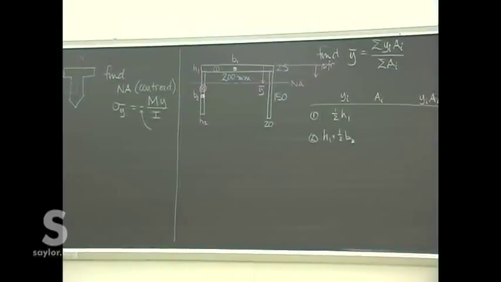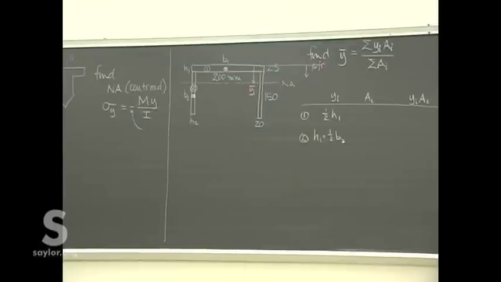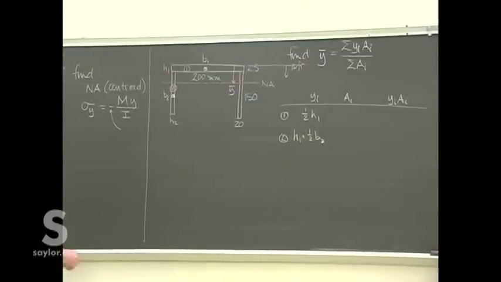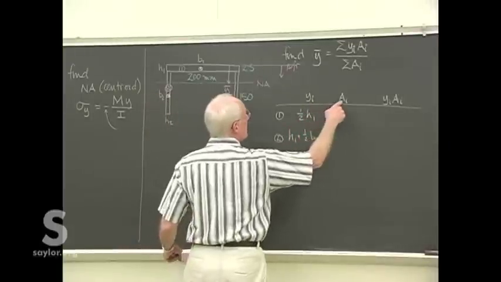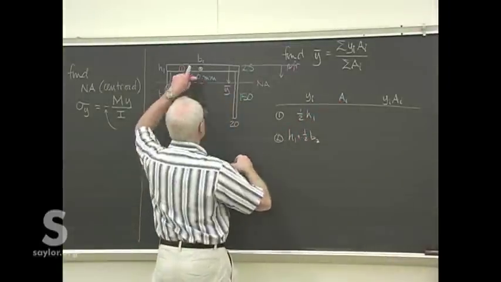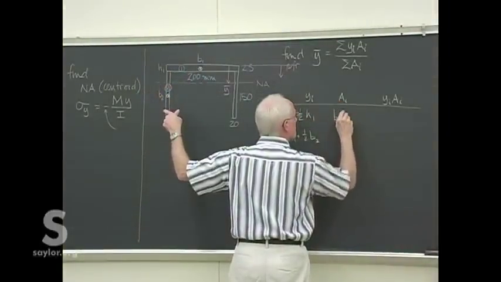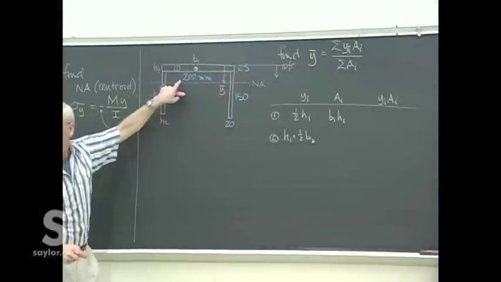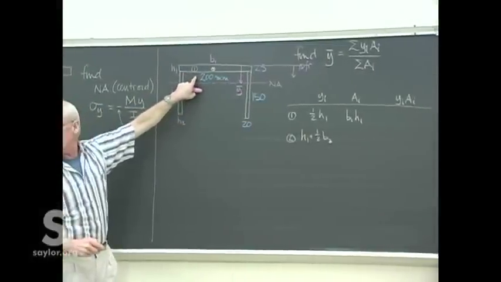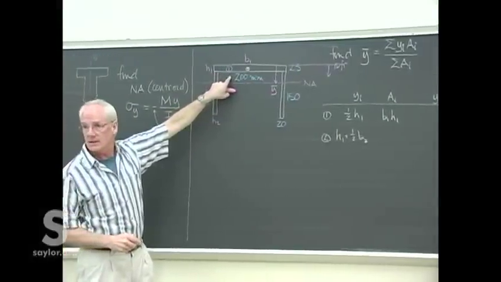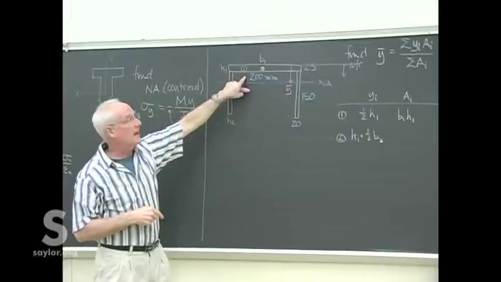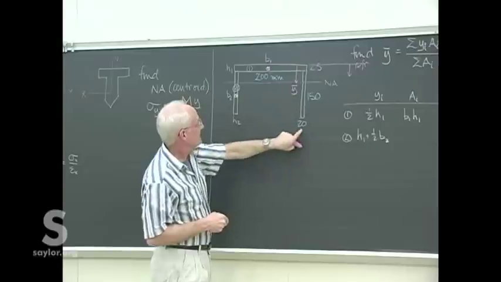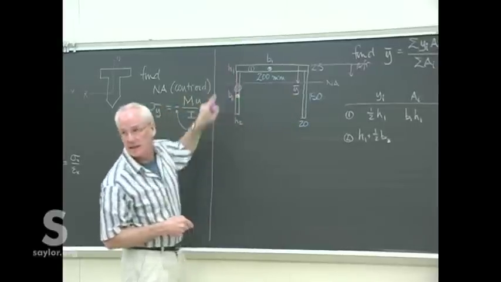I'm just trying to lay out a skeleton solution to this because it's just review, a reminder for us. So the area A1 is B1 H1. Remember, B1 is not 200. That's the inside dimension of this channel beam that you've made out of some planks. B1 is going to be 200 millimeters plus another 20 on each side to get to the outside.